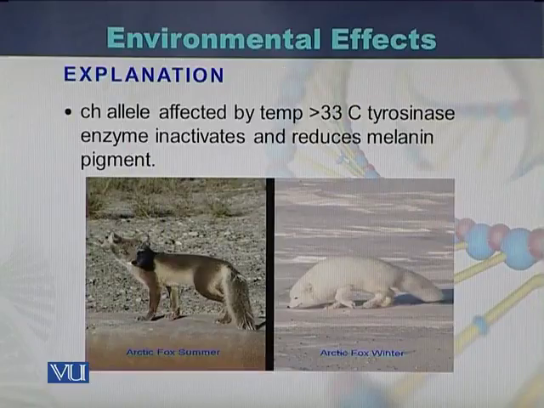If the temperature is more than 30, then the color of the fox changes into brown. But if the temperature is less than 33, during the winter, the Arctic fox is white. So there is a strong impact of the environment over the color of the fox fur.